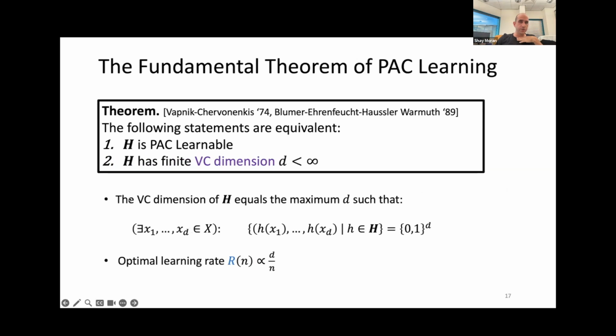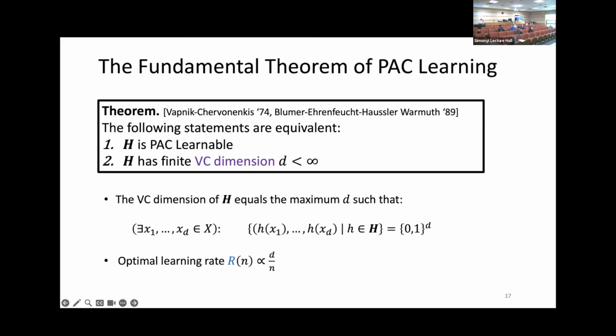So let's define it. The VC dimension is the maximum integer D such that there exist D points, x1 up to xd, so that when you restrict all your functions to these D points, you look at all possible vectors of length D, h of x1 up to h of xd, where h is in your class, then you get the entire Boolean D-dimensional cube.